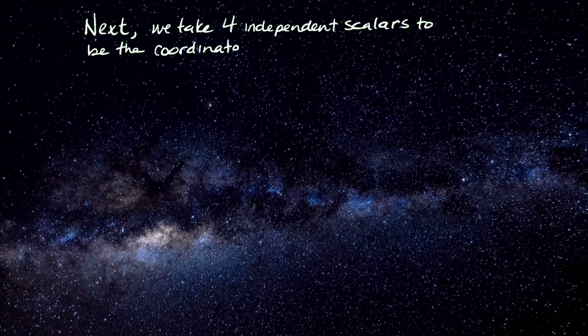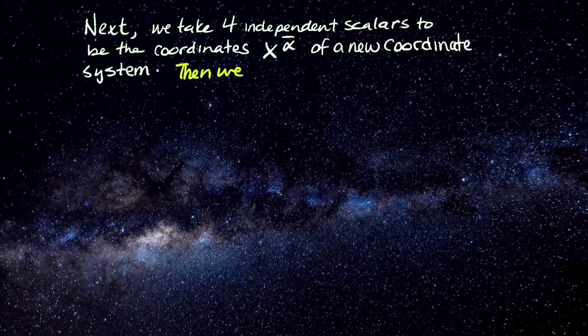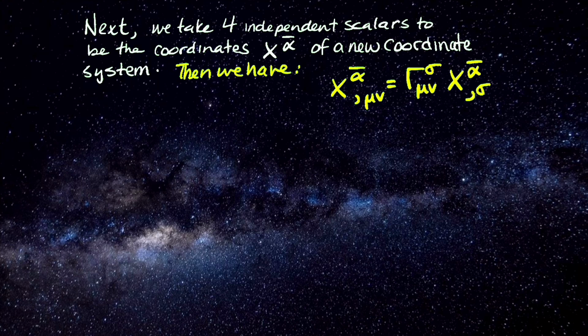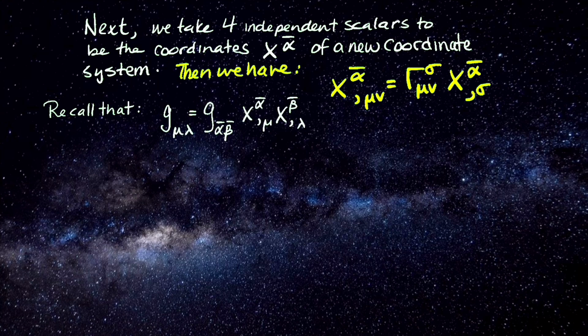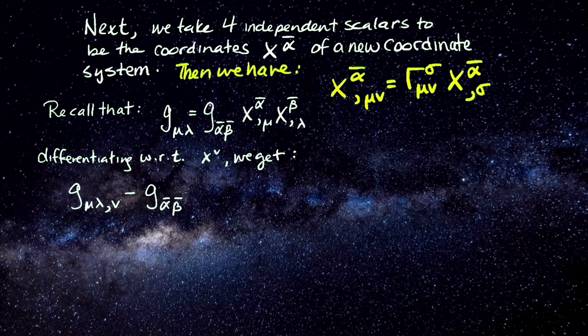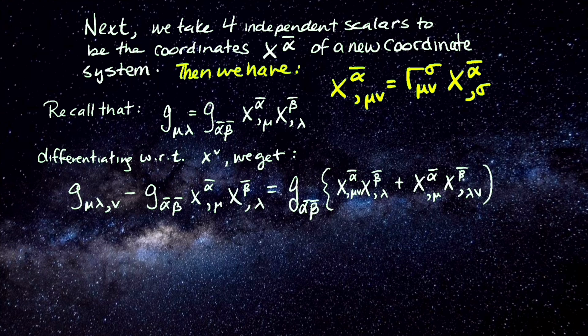then we take 4 independent scalars to be the coordinates of some new coordinate system called the barred system. Then we have this relation. And recall the transformation rule for our metric. Differentiating our metric with respect to x nu, and then subtracting the results, we get this expression.